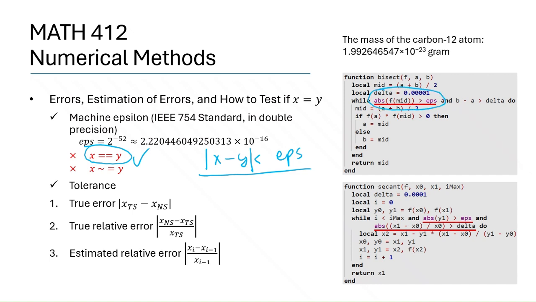It tests if the function's value at mid is 0 or not. If it's greater than epsilon, that means it's not 0. The second one is, if it's greater than this, or greater than 10 times this. This depends on your choice, on the very problem.